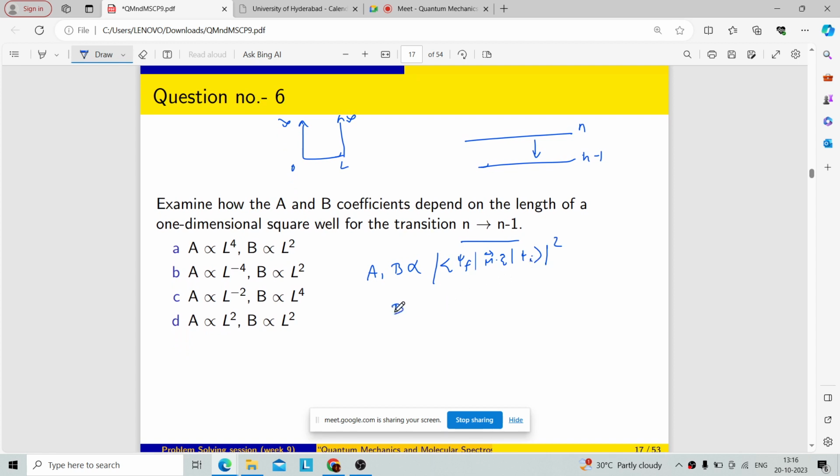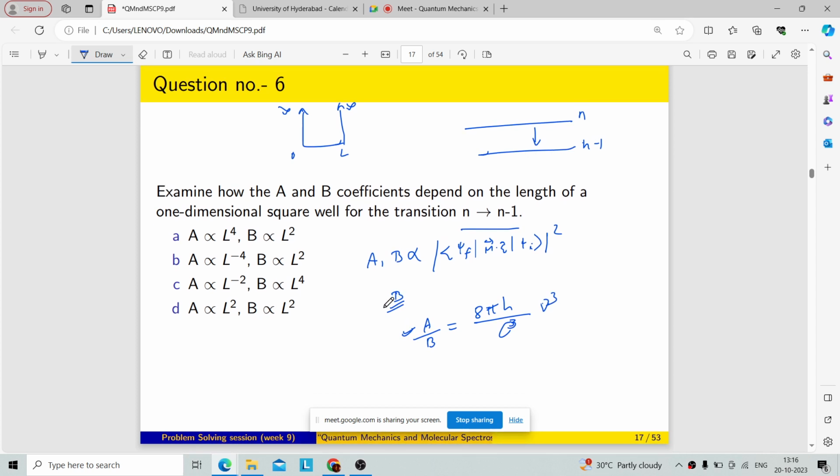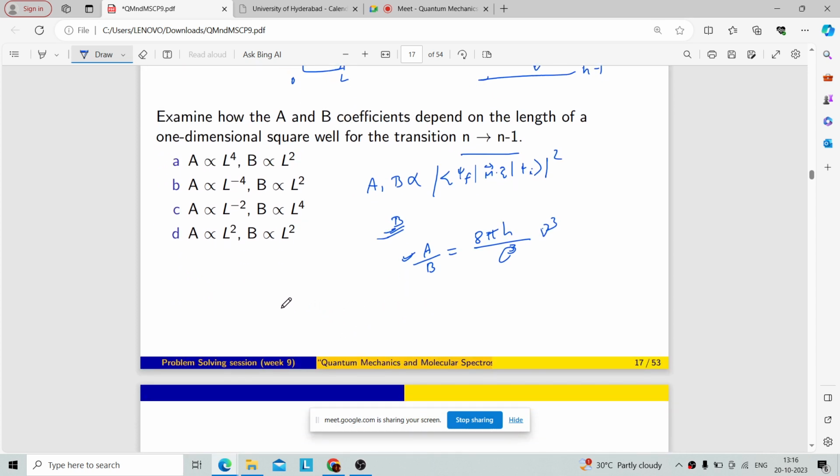Now, if you get any of the constants first, then from the relation A by B equals 8 pi h nu cube over c cube, we can get A. So first we can calculate B. B can be written as pi over 6 epsilon naught h cross square times the transition moment integral n to n minus 1 squared.